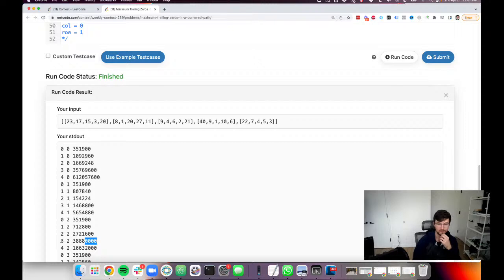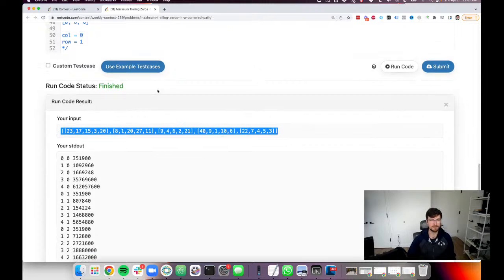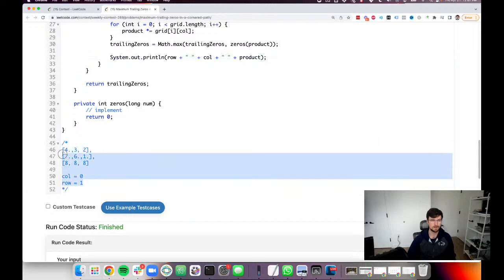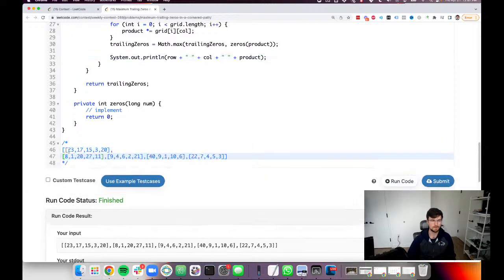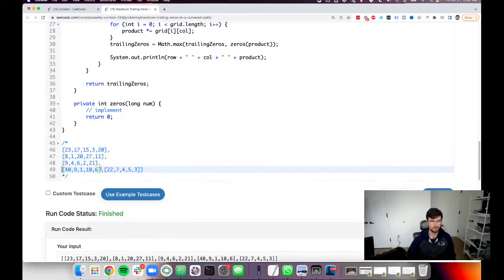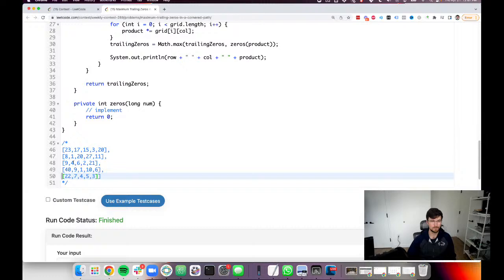It's really hard to do without sketching out a little bit, so let me copy this up above.